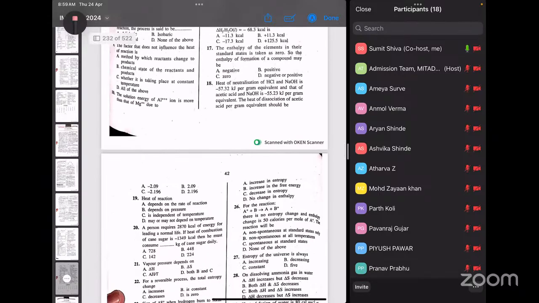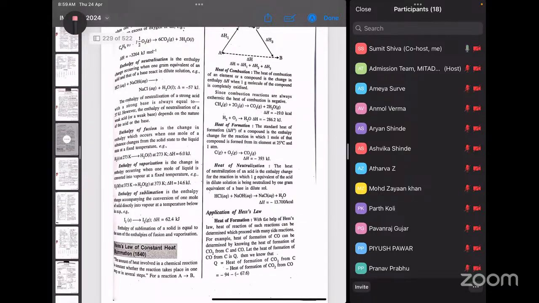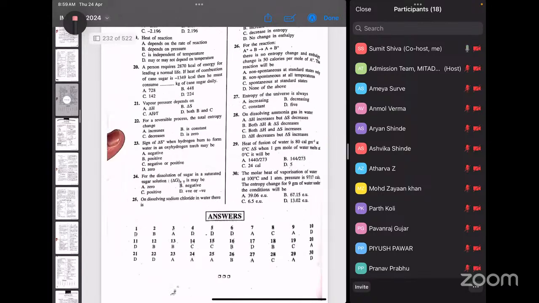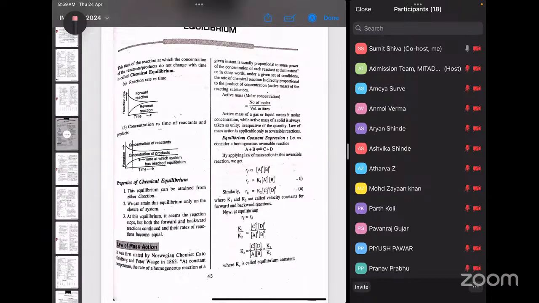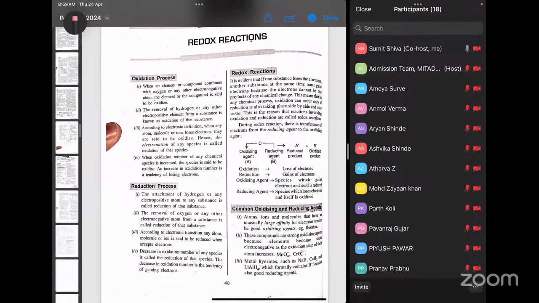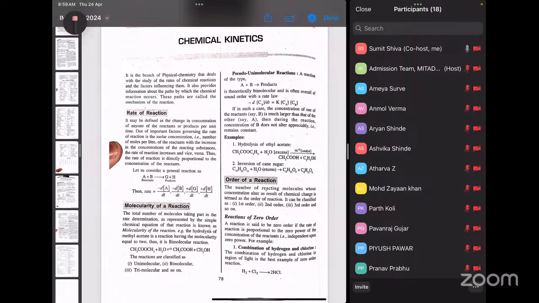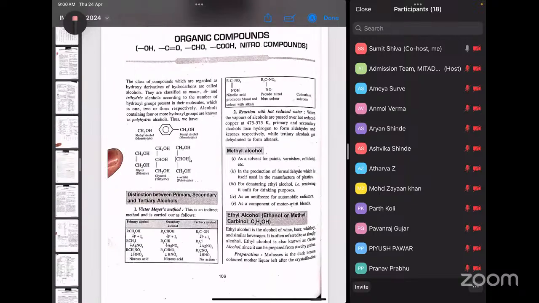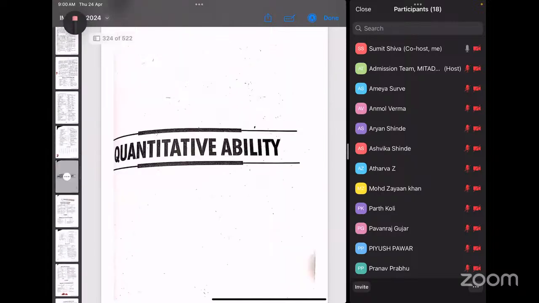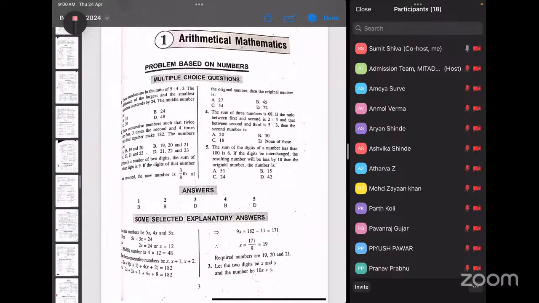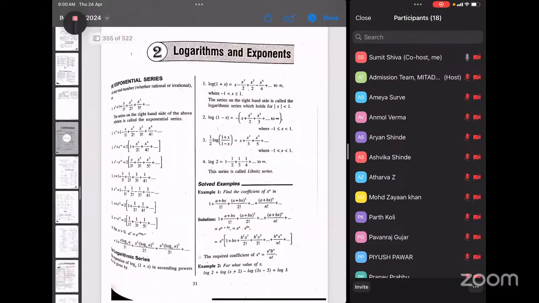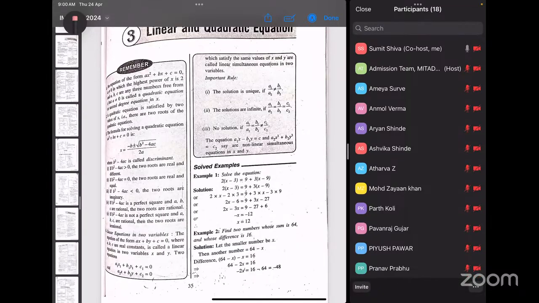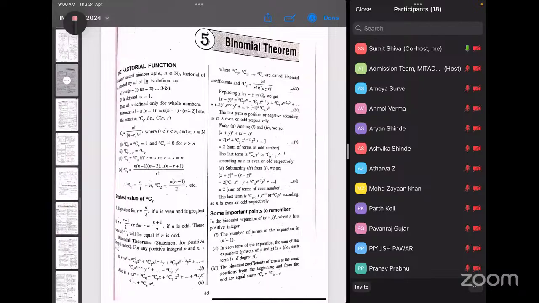What was the last topic in maths? We were doing P and C in maths, right?